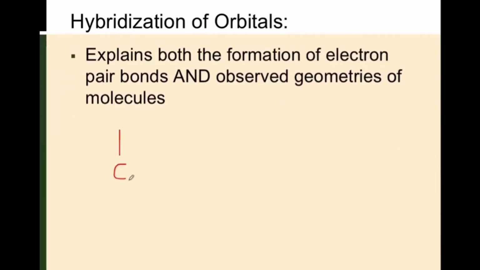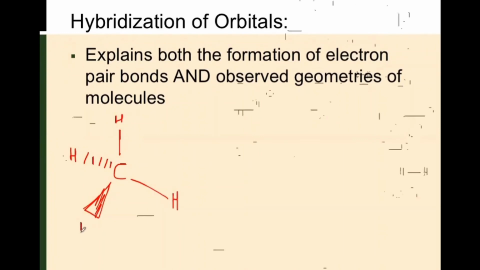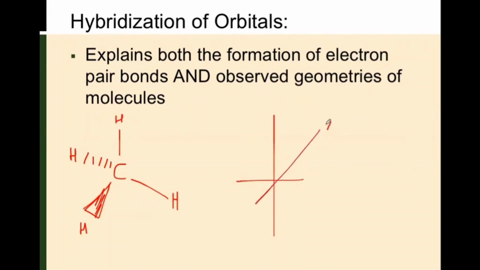We have a methane structure like this, and it's got the hydrogens here, here, here, and here. So it's got 4 hydrogens. If we look at our XYZ axis, that's going to be our X, our Y, and our Z. These are like coordinates from maths, geometry or whatever.